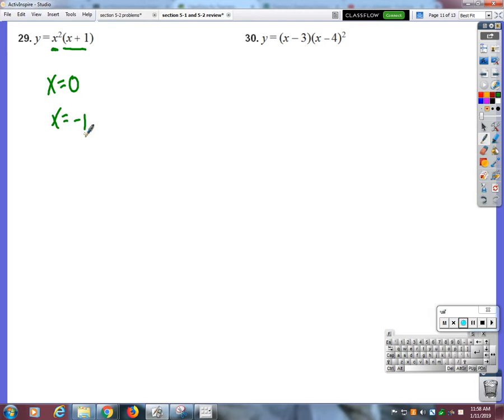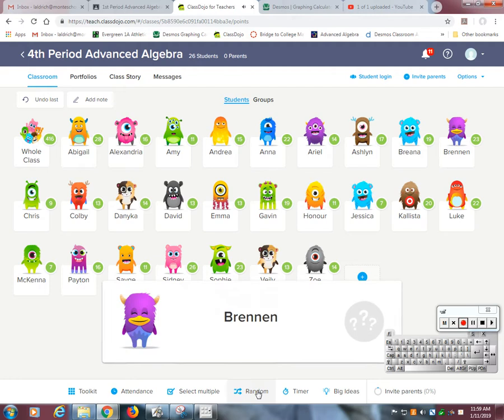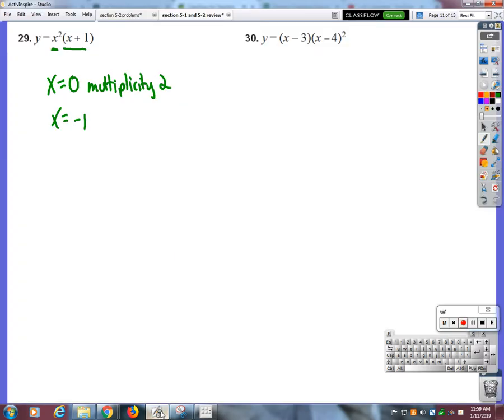This one's a little bit different, so I want to make sure you understand. Since this is an x squared, this answer has a multiplicity of 2. Okay? So make sure that if it's being raised to an exponent, you... Yep. Okay, Brennan, what you got? 3, okay.